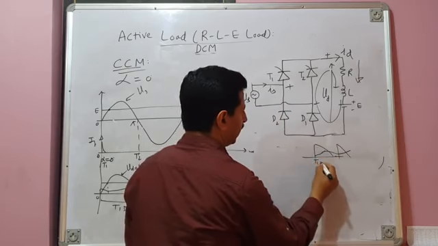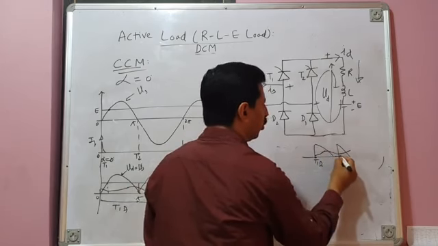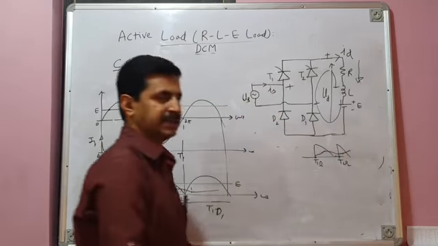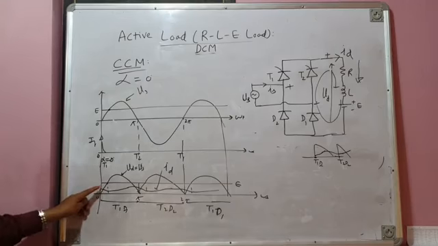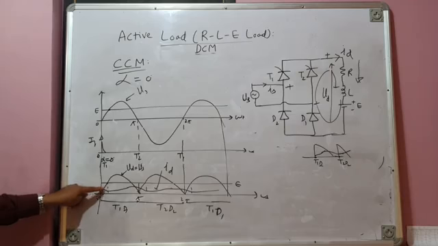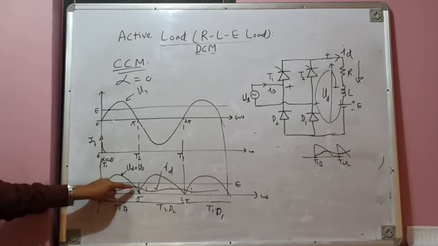Before it becomes 0, T2 D2 is conducting and current again rises. But that is not the case here. For alpha equal to 0 degree, T1 D1 starts conducting right from this point, but current does not start rising from here. Current first decreases up to this point, and then it increases.